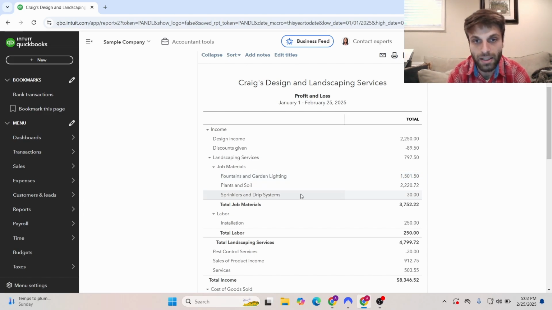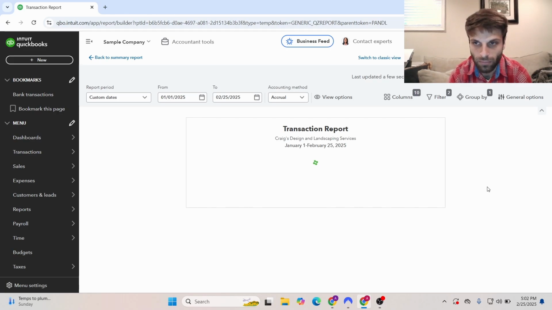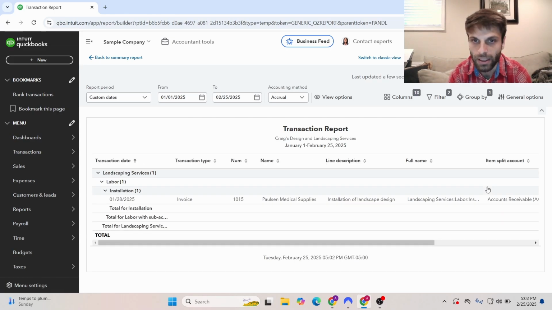Something else that's interesting here is that for labor we only have one $250 labor charge, I believe only for one client. So we'll take a look here, and you'll see that we only had one labor charge, which is interesting.